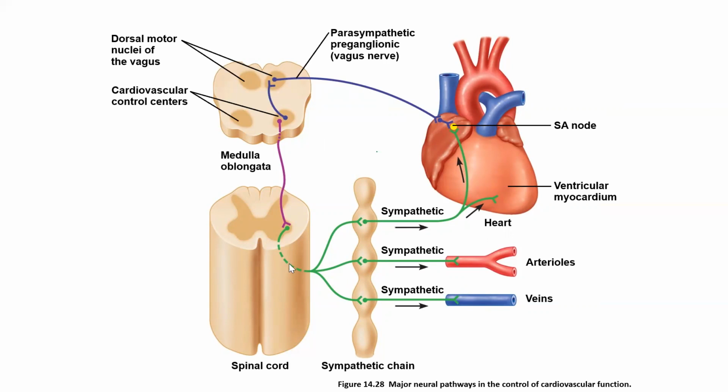Whereas the sympathetic system, again, this should be a review, right, coming through the thoracolumbar segments of the spinal cord, going out to synapse onto the sympathetic chain temporarily, and then eventually synapsing on to the SA and AV node, as well as the contractile cells of the myocardium, as well as our arterioles, right? Arterioles creating that increased total peripheral resistance, and then also our veins increasing that venomotor tone, okay? So as you can see, the sympathetic system has more of a role to play in regulating that mean arterial pressure.